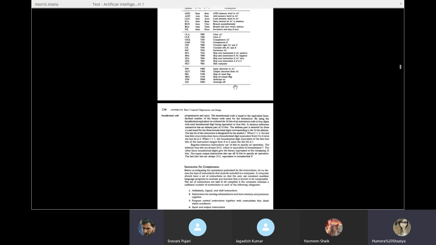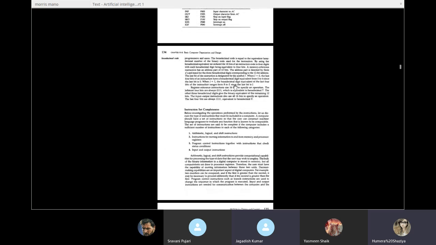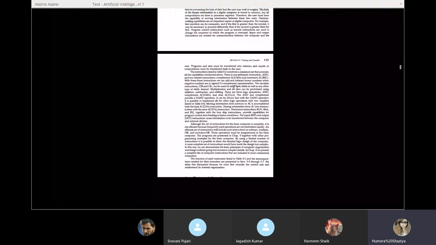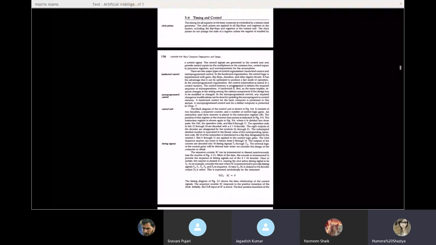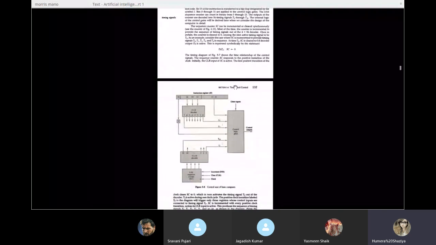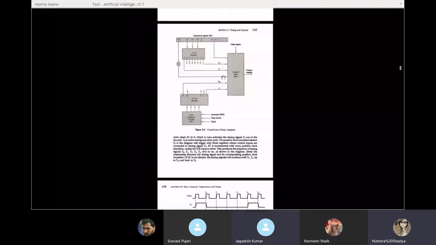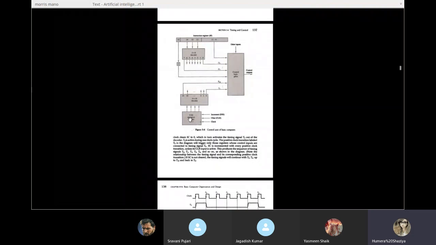Going ahead. Computer instructions are clear. Instruction set completeness, timing and control. You want me to explain again? So timing and control, if you look here, there is a sequence counter. This sequence counter will generate timing signals.